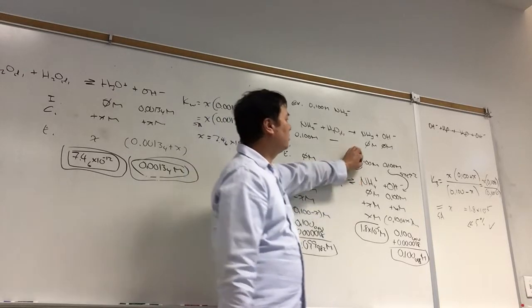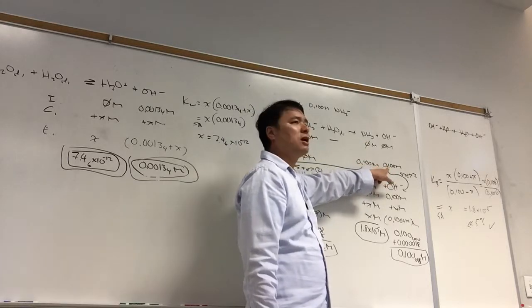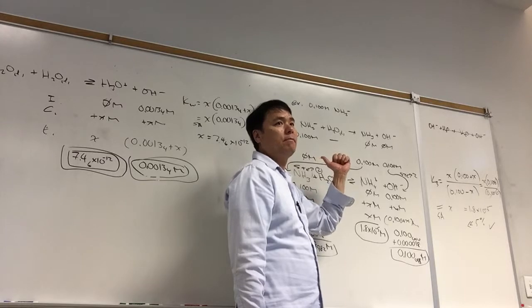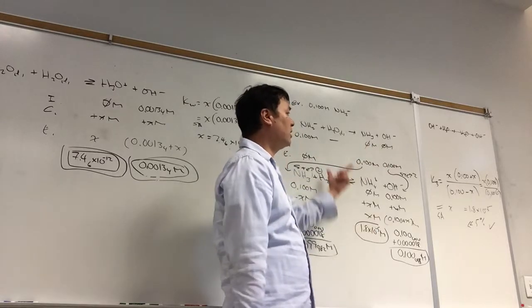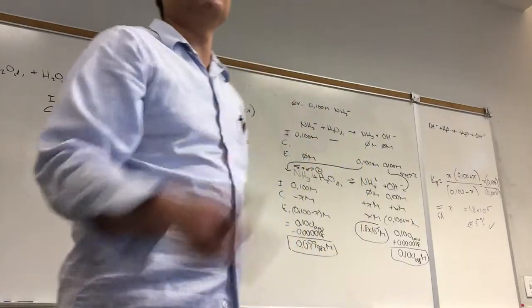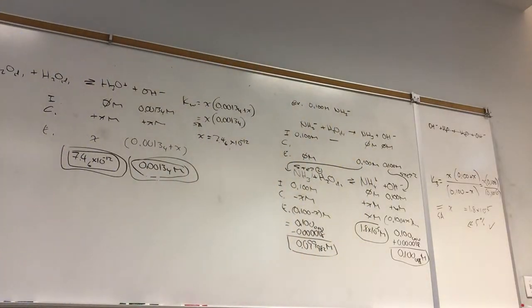That is, if I dump in a whole bunch of hydroxide in here, does the equilibrium shift left? No, and that's because Kb is very large. And so when you say that Kb is very large, we just assume it's 100% forward and it's only going to go one way.